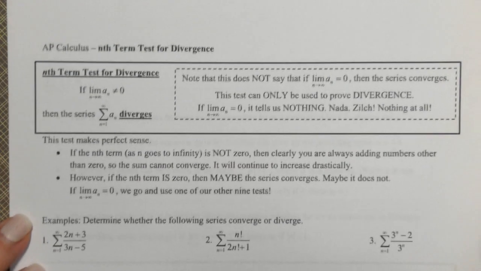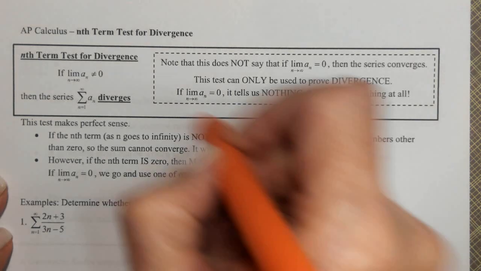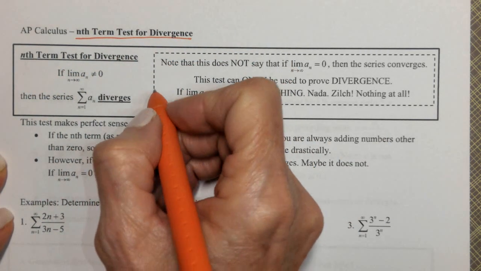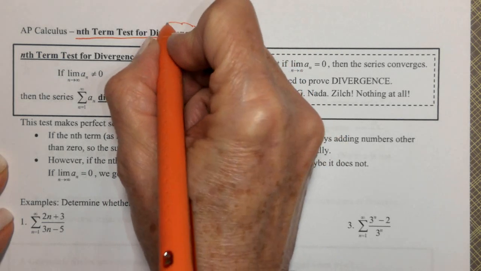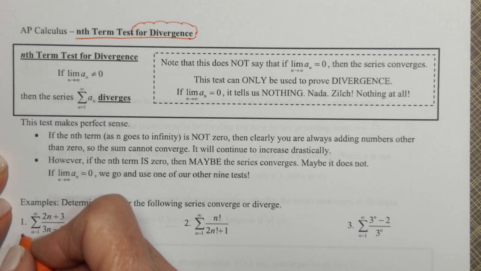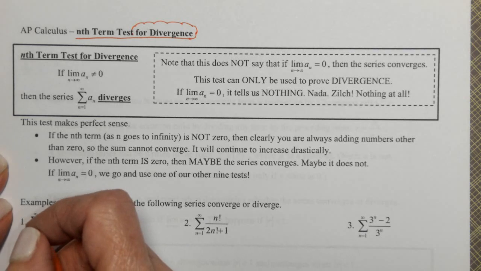Alrighty, our first test is called the nth term test for divergence. That is the official name. This tells you that this test can only be used to state that a series is diverging. It cannot be used to prove convergence, only divergence. And it's really simple.